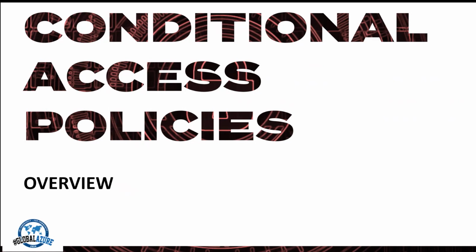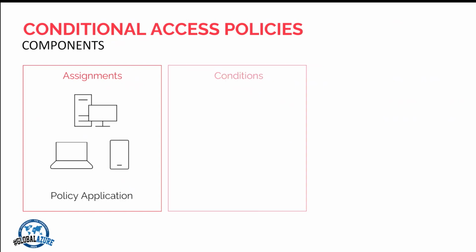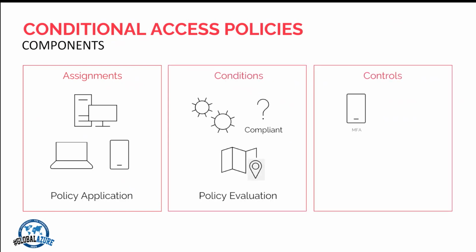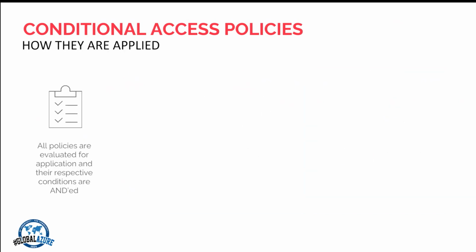So conditional access policy is Microsoft's tool here to implement that zero trust type of architecture from an identity-based control aspect. What you would find is conditional access policy works on three things. The first one is your assignment, so your policy applications. The second one are the conditions that trigger the policy. And the last one is your controls. So what are the different types of controls that you want to apply there?